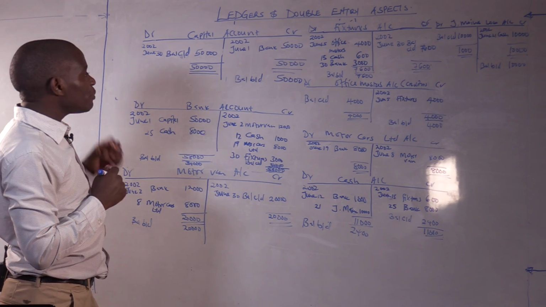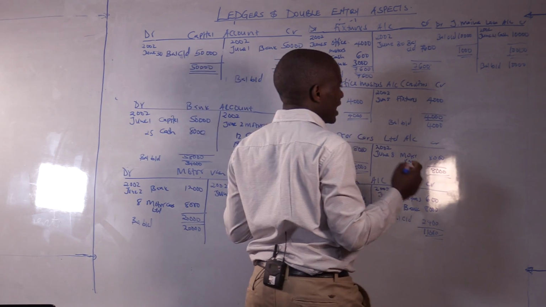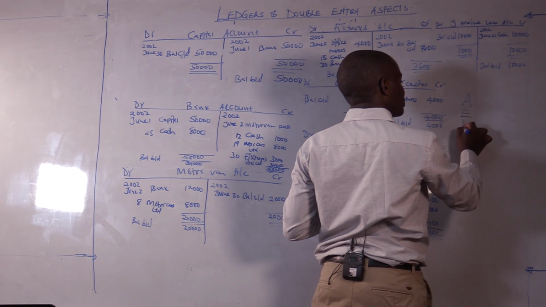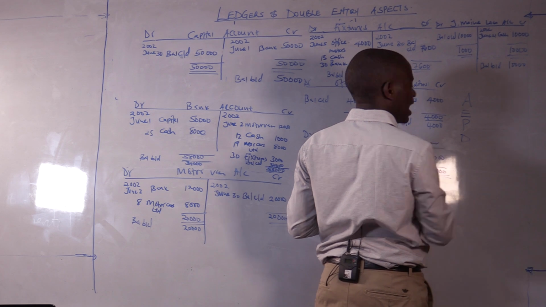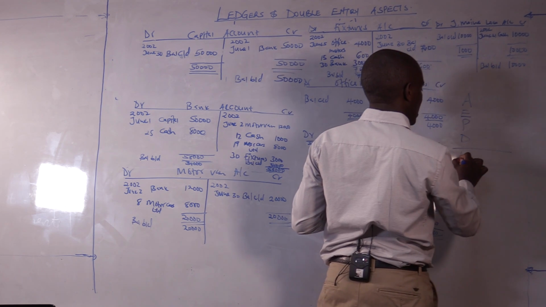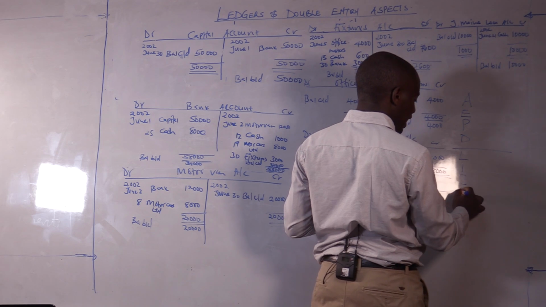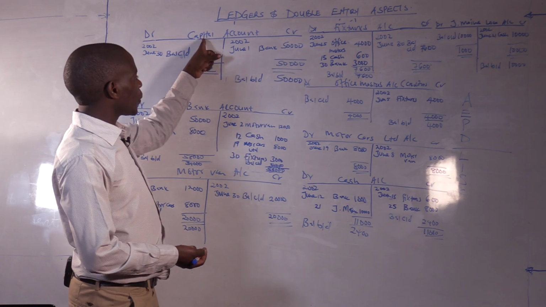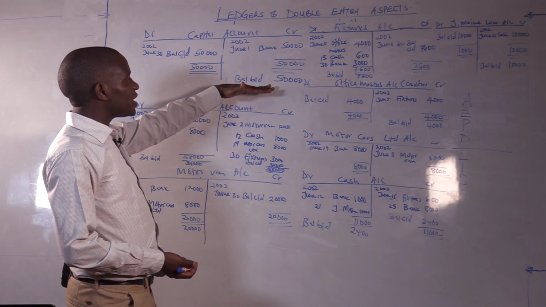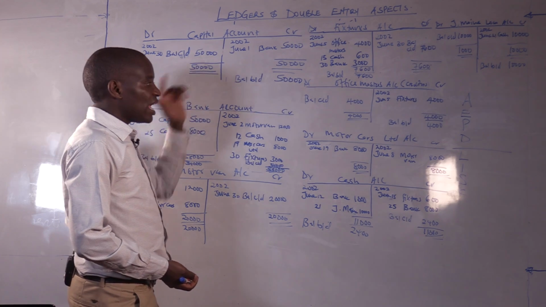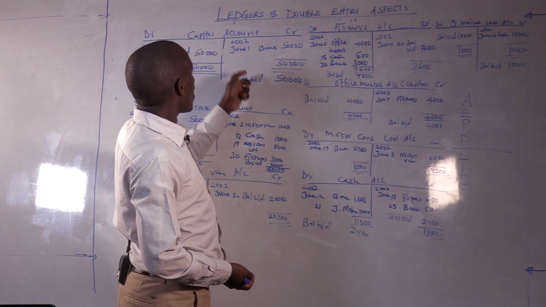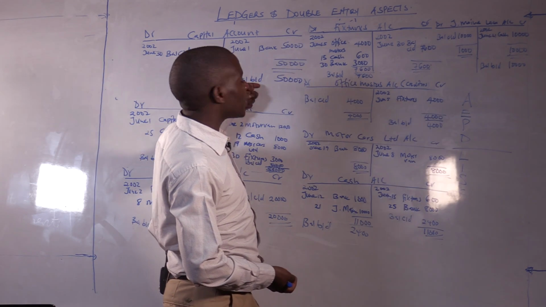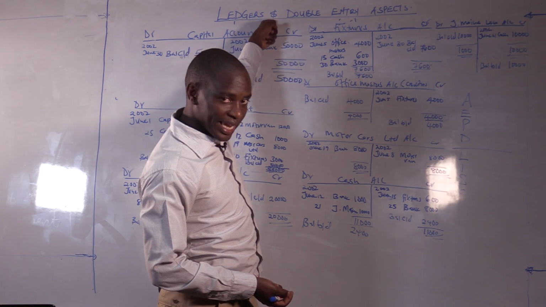So going back to our initials, that is assets, expenditures, purchases, and drawings, and also liabilities, income, sales, and capital. We can note something. Just picking an account like capital, I want us to concentrate on balance brought downs, and we can conclude and say that all the capital usually has a balance brought down on the credit side.